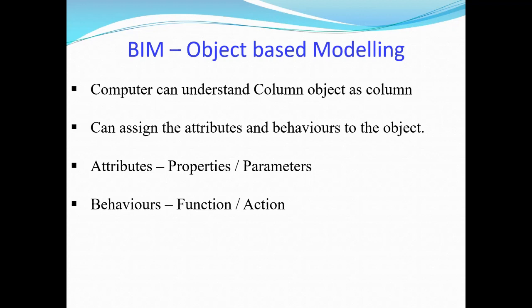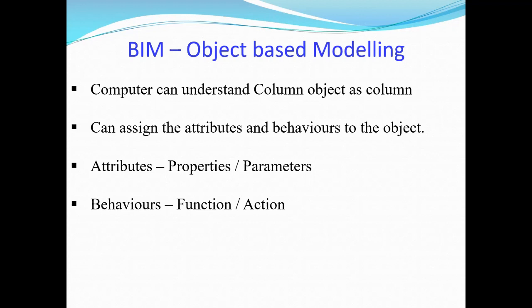So an object basically has two basic things. The first is attributes or properties. The second is behavior. What is the behavior, or function, of a column? It carries the loads, the vertical loads and moments.